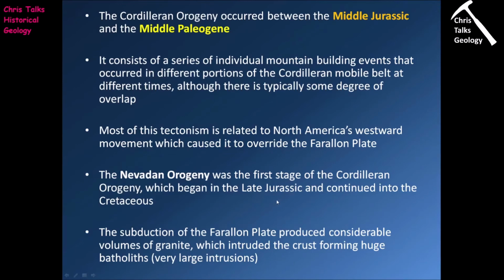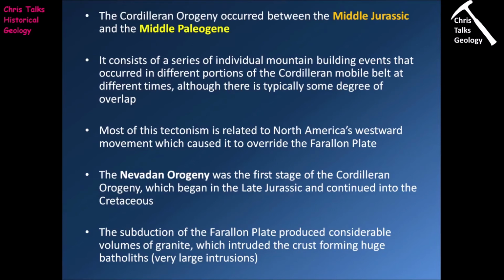So the Cordilleran Orogeny occurred between the Middle Jurassic and the Middle Paleogene, so it's a very extensive orogeny. Now, it consists of a series of individual mountain building events that occurred in different portions of the Cordilleran Mobile Belt at different times. So it's not that we're forming one big mountain range all the way along the western side of North America at one time.